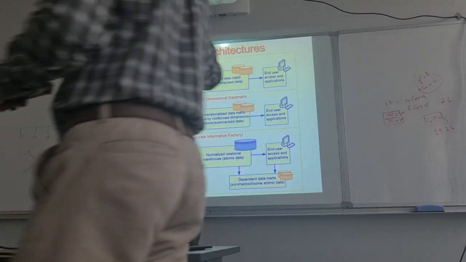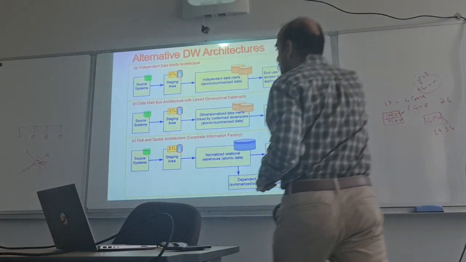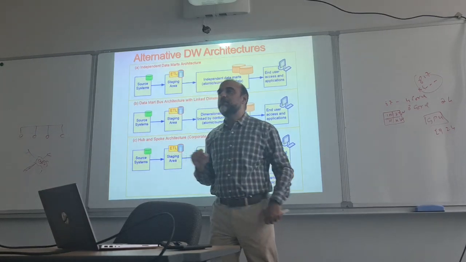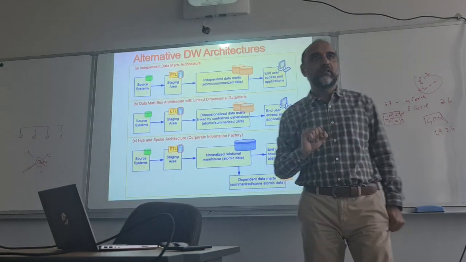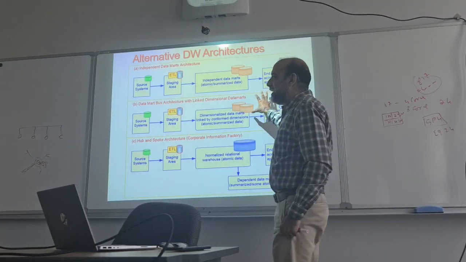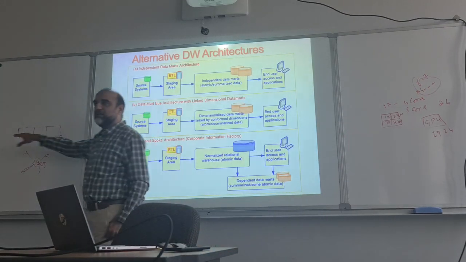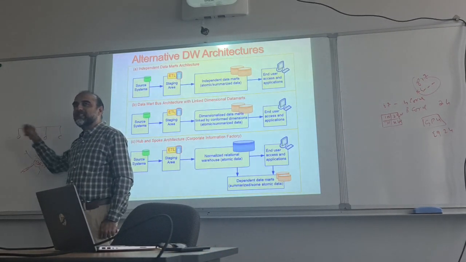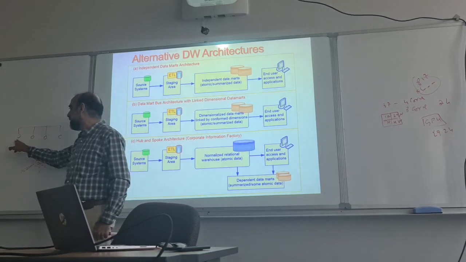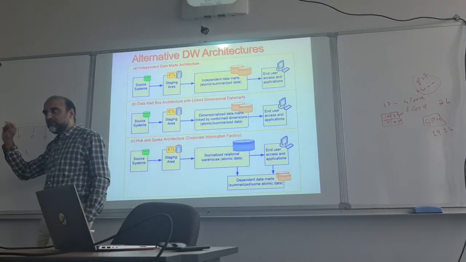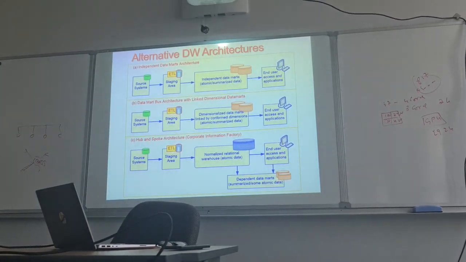So data marts can be arranged in bus form, or as they say, hub and spoke form. Meaning what? They're almost all independent data marts, but they are connected to each other, so that if this data mart needs something from that one, it can talk directly to that data mart.